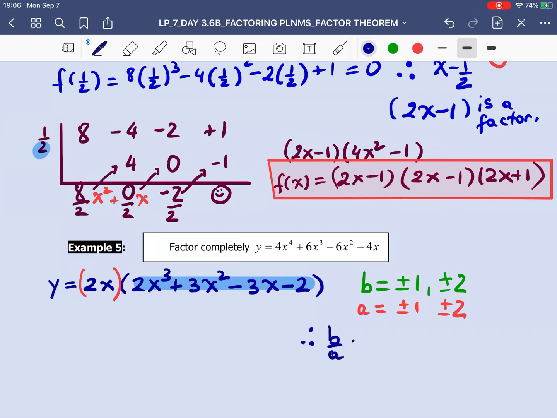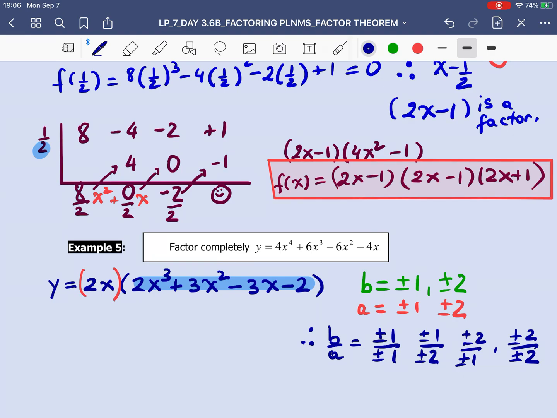Therefore, we'll say the values of b over a will be plus minus 1 over plus minus 1, plus minus 1 over plus minus 2, plus minus 2 over plus minus 1, and plus minus 2 over plus minus 2.